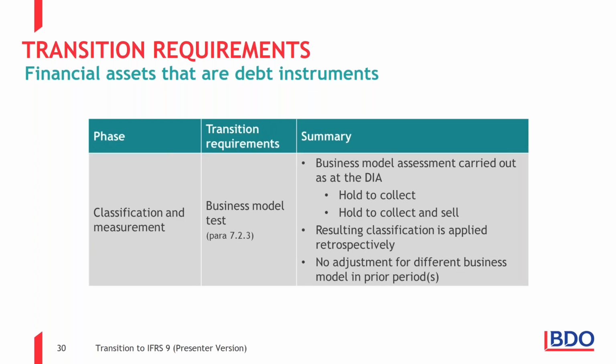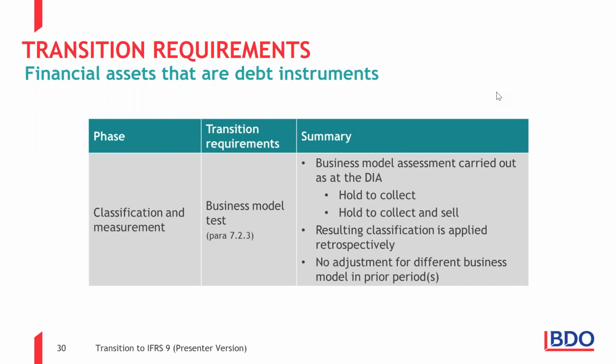If we go on and we're still busy with classification and measurement, we're still looking at financial assets that are debt instruments, but now we're looking at the business model test. And in this instance, we are saying your business model assessment, which is either hold to collect or hold to collect and sell, or neither of those, that business model assessment is carried out at the date of initial application.